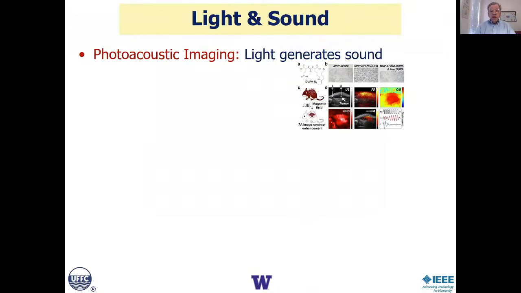We're going to talk about this integration of light and sound, so with photonics and ultrasonics. And three examples. So first is where light generates sound, and that we'll use photoacoustic imaging to describe those effects.